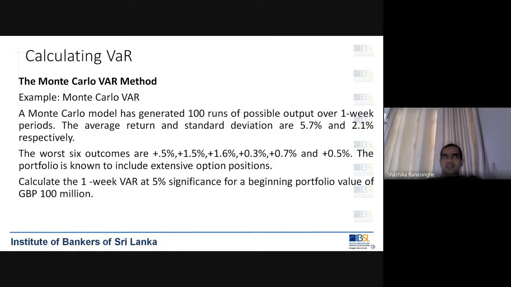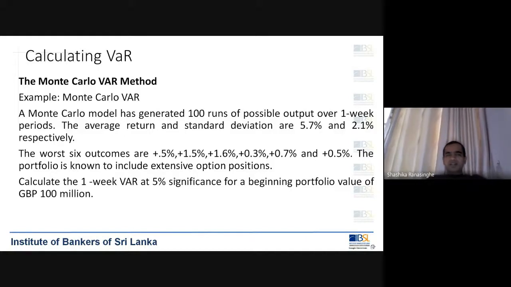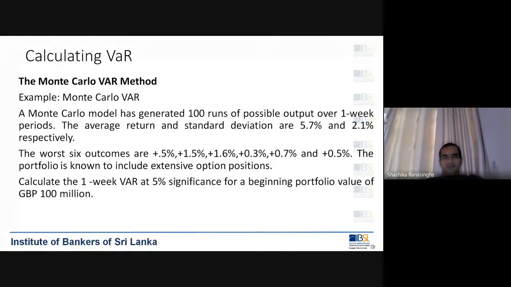So that the first thing you will think of is analytical value at risk. Remember, if it includes option positions, you cannot use analytical VAR. You have to use Monte Carlo or historical. You are asked to calculate 1 week value at risk at 5% significance for the beginning portfolio value of 100 million. Right. So let's try this.